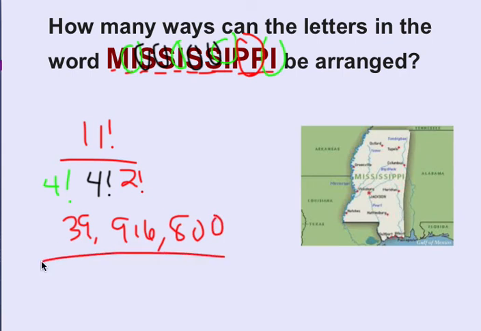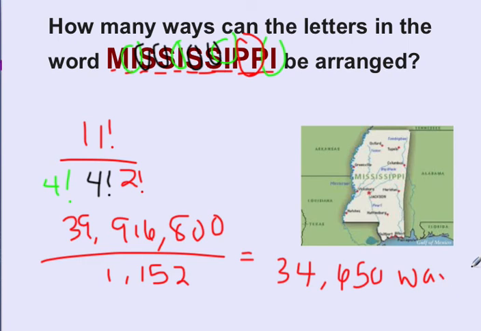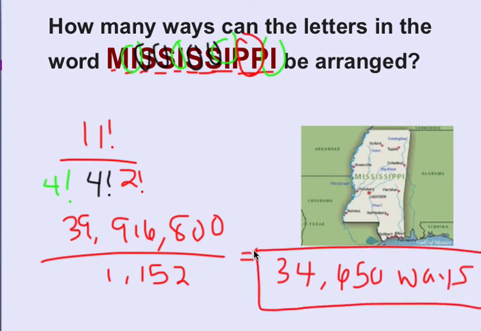And then I'm going to take 4 factorial, 4 times 3 times 2 times 1, times 4 times 3 times 2 times 1, times 2 times 1. And when I do that, I get 1,152. So now I can go ahead and divide those two out. And when I do that, I get 34,650, and I'm going to write ways. Okay? Because that's how many ways you can calculate that out.